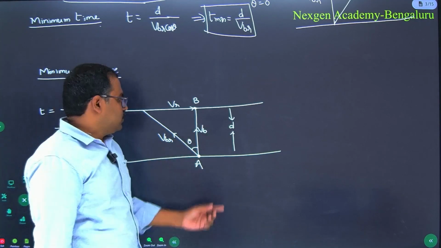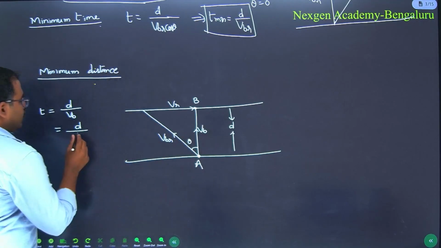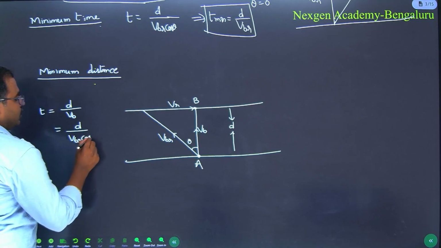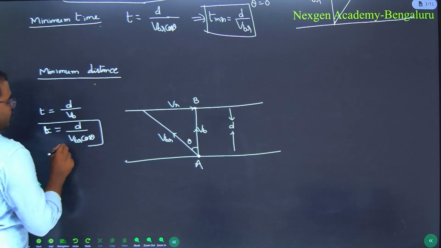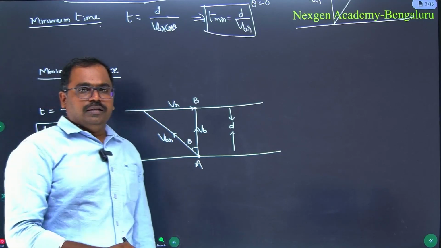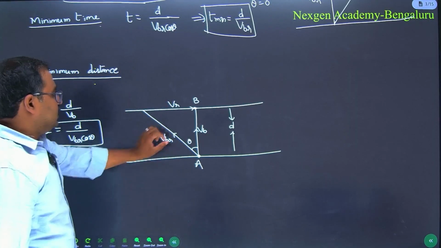Already we have seen this one is cos theta component and it is sin theta component. So d by VBR cos theta is the formula for the time taken to cross the river, and this time taken will not be the minimum because the boat is traveling with some angle with the vertical. Okay, right. Now in this case, what is the theta value?